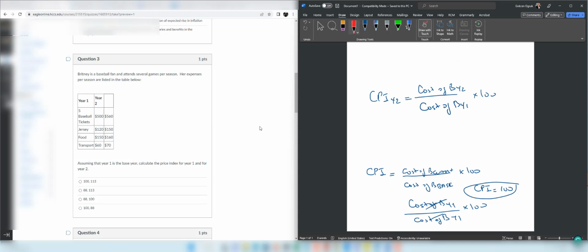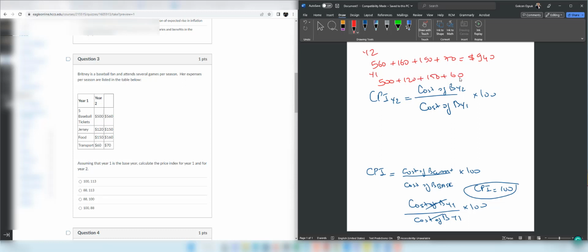So we need to calculate the cost of basket in year 2. In year 2, she spends 560 on baseball tickets, plus 160, plus 150, plus 70, which is equal to $940. This is the year 2 cost of basket. Now let's calculate the year 1 cost of basket, which is 500 plus 120 plus 150 plus 60.